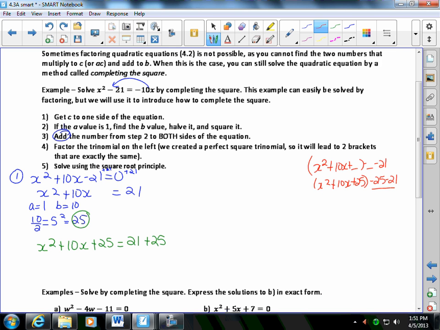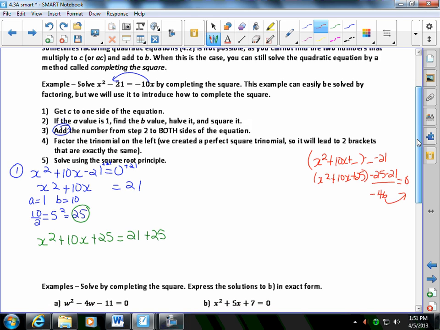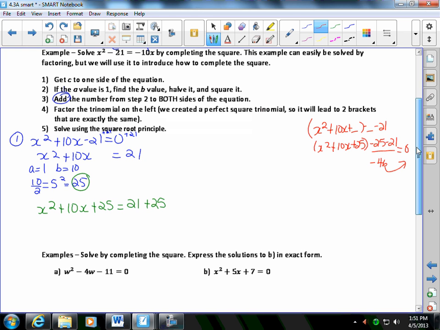So this here would give me a negative 46. But if I bring that to the other side of the equation, it's a plus 46. I really haven't done anything overly different. I've just moved it to the other side of the equation. So my x squared plus 10x plus 25 equals 21 plus 25.